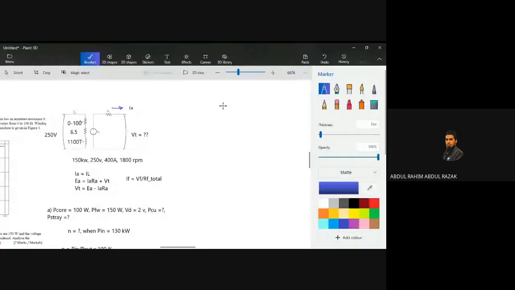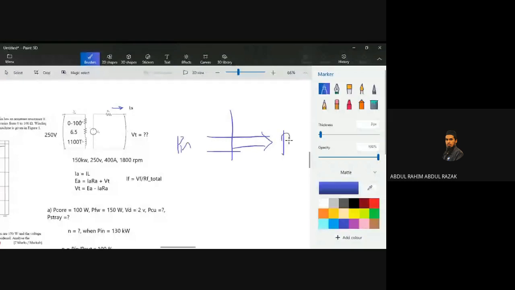So when we talk about a machine, a motor or a generator, a generator means that you are converting from mechanical into electrical. So how should the diagram be? From mechanical to electrical. You draw the diagram: this is your P in, this is your P out.